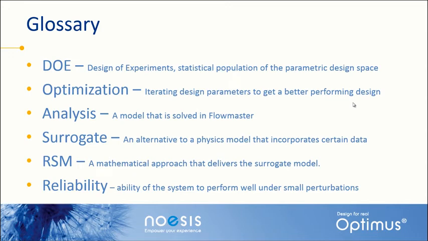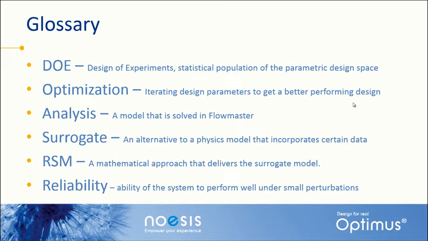As we prepare to show you this case study, I'll use a few words that you may or may not be familiar with. A design of experiments, or a DOE, is a statistical population of a parametric design space. This DOE gives us the ability to learn about our design space, to give us insights into the design that weren't initially obvious. When we talk about optimization, we're referring to the concept of iterating design parameters to get a better performing design.